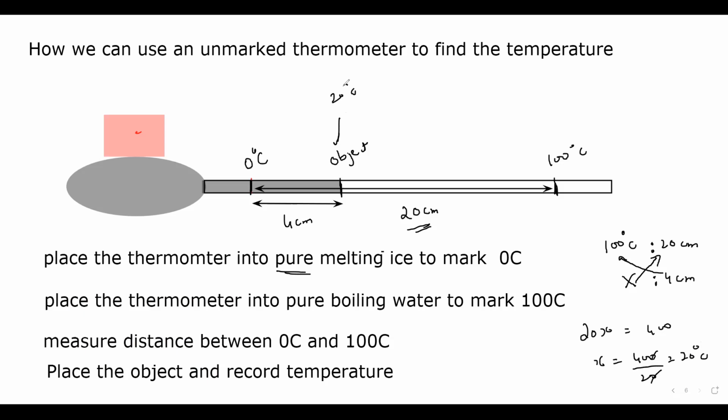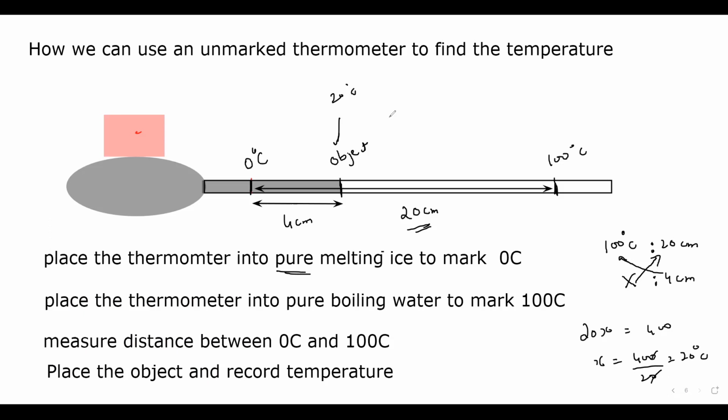Is it clear how we use an unmarked thermometer to measure the temperature of an object? In the beginning, the thermometer was not having any marking. So first we place it in pure melting ice, then we place it in pure boiling water.